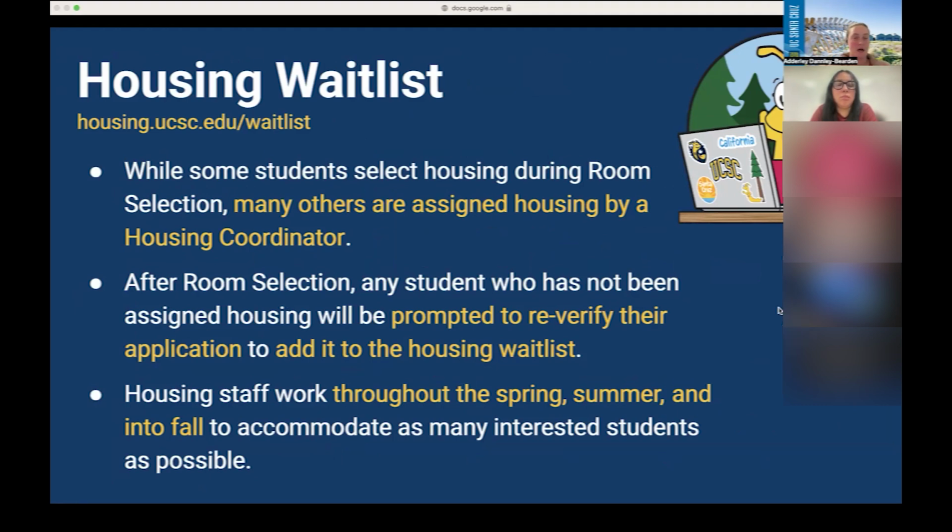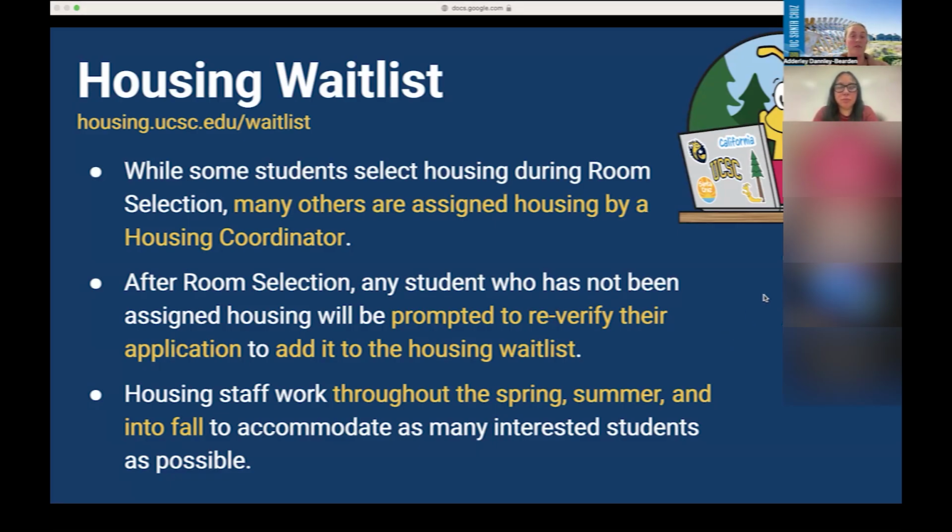So we recommend checking your UCSC email and your portal from the end of room selection if you're not able to select a space throughout the summer, because you'll be asked to re-verify your interest in on-campus housing and re-verify your application, and this will let us know that you're still interested.